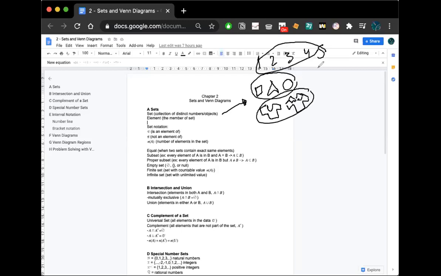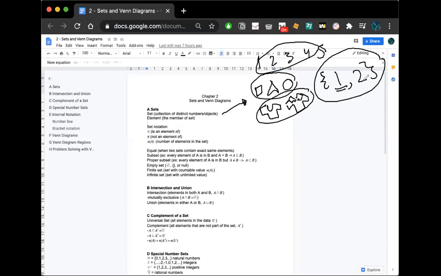But in mathematics, we usually express the set in the form of brackets, and we usually separate the objects by adding a comma. So for example, in this particular set, we can have 1, 2, and that would be one set.